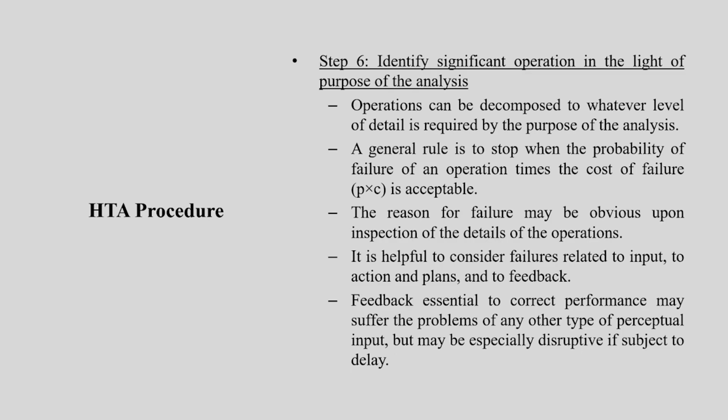Okay. So, the reasons for failure may be obvious upon inspection of the details of the operation, and it is helpful to consider failures related to input, to action and plans, and to the feedback. This feedback is very essential to correct the performance, and it may suffer the problems of any other type of perceptual input, but may be especially disruptive if the subject, the operator, wants to delay it.